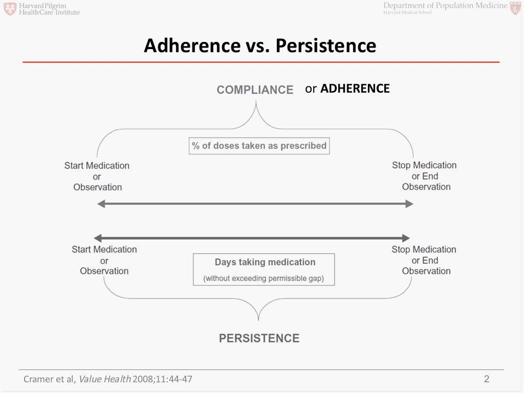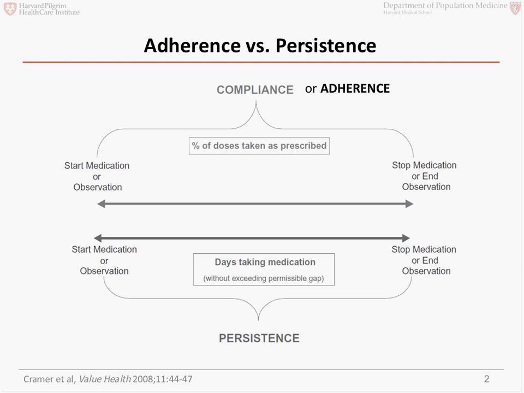The other measure is what we call persistence, and it's usually represented as a duration of time from treatment initiation to complete stopping of medication. So if you're taking any medication at all, even if you are not taking as instructed by the prescriber, you are considered persistent until you completely stop your medication.